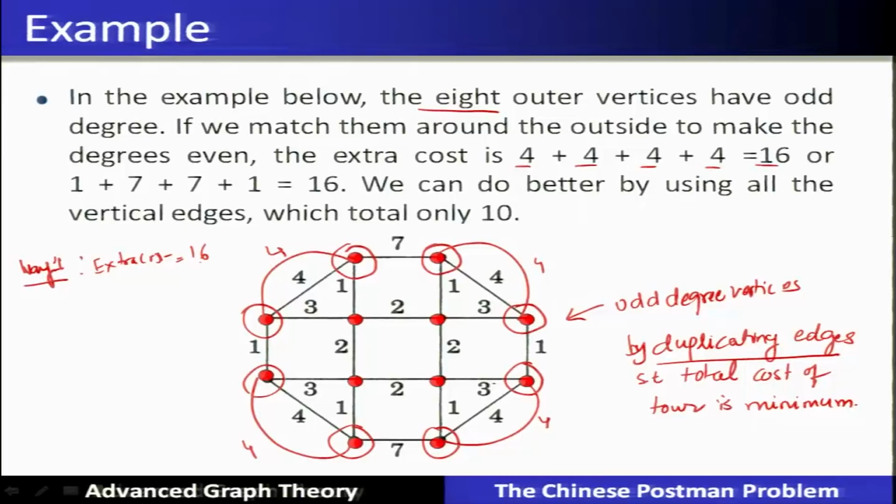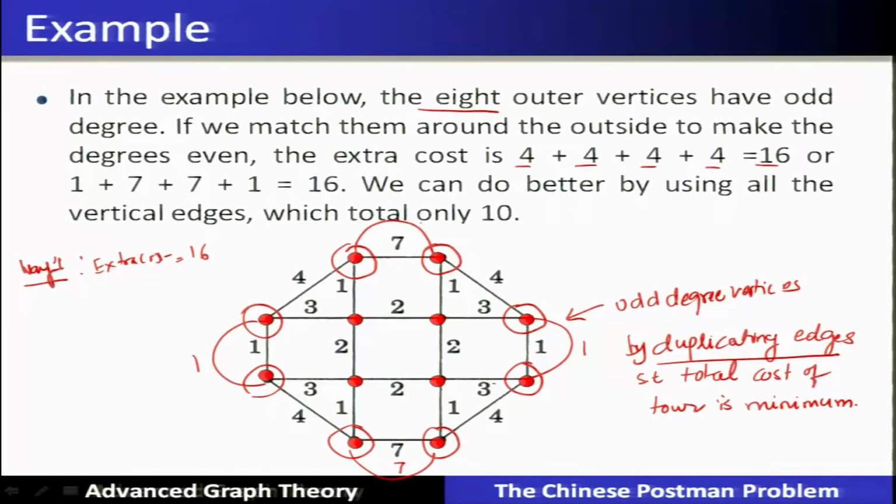Another method: if we take these 2 vertices and add an edge of cost 1, then they will become even. Similarly, here also we can add an extra edge. Here also we have to add edges to make these 2 even and these 2 even.